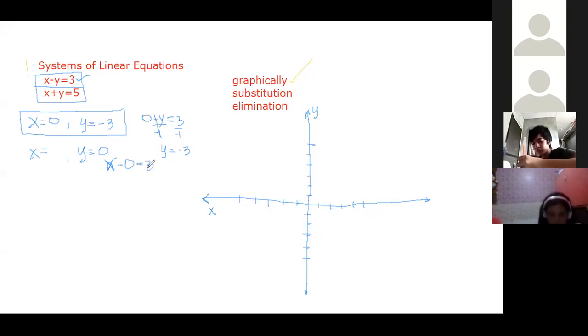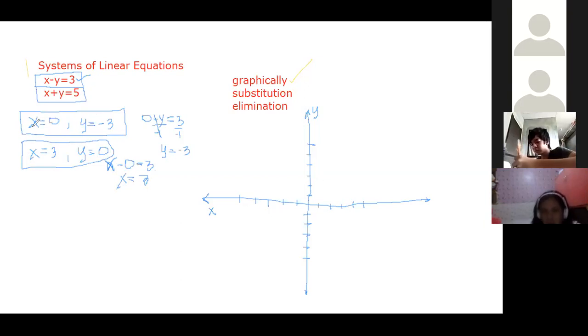So therefore, x, kung 0 na yan dyan, so x therefore is equal to 3, positive. Okay? So therefore, x is positive 3. So ito na ngayon ang ating intercept. Alright? So we are ready to plot it in our Cartesian plane.